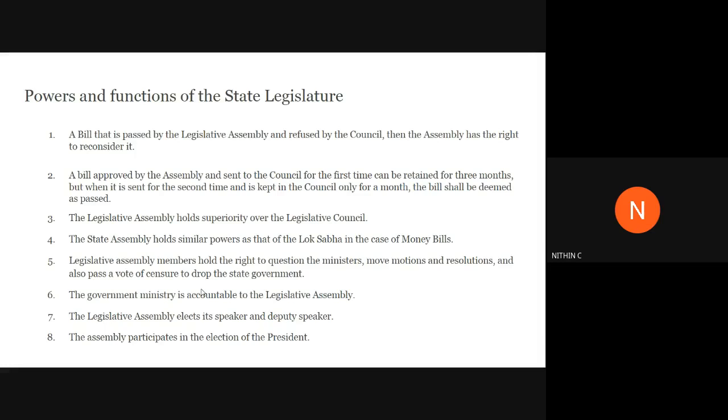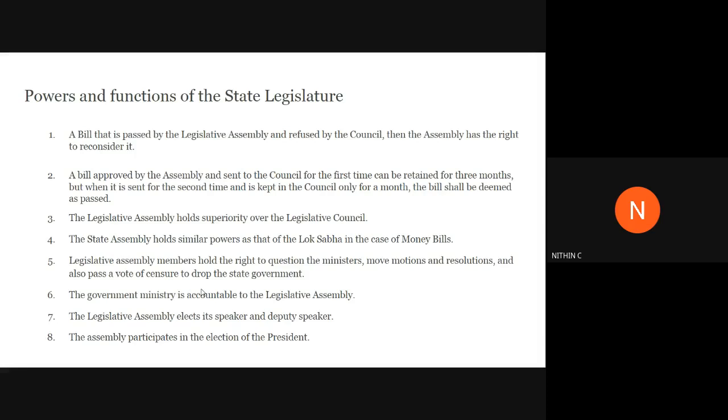A bill that is passed by the legislative assembly and refused by the council, then the assembly has the right to reconsider it. So here it becomes clearer that the legislative council has less importance. It's not as important as the legislative assembly, because the legislative assembly has members elected by common people, the citizens of the state or of the nation.